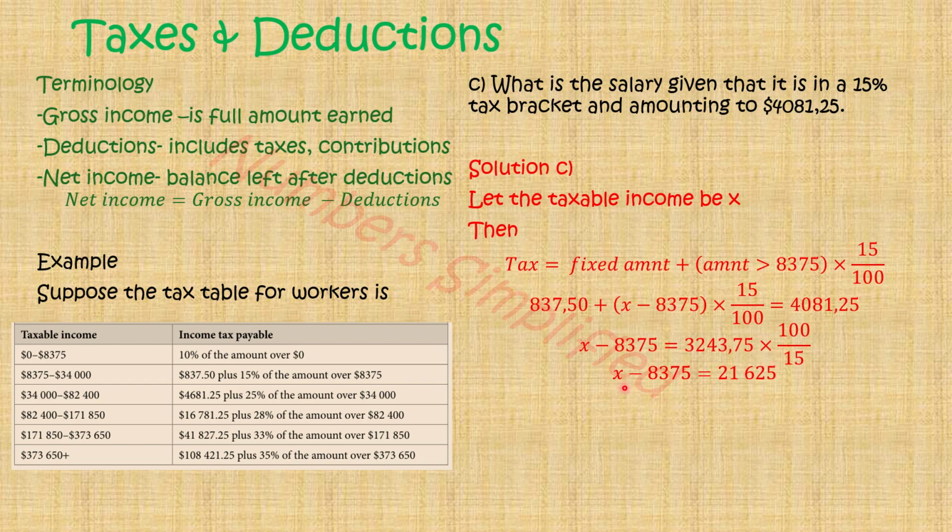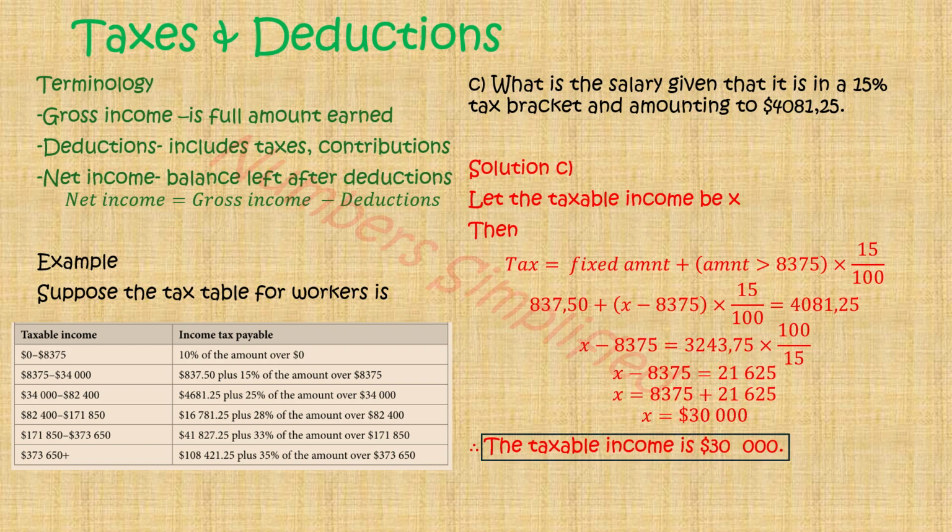After we have multiplied by 100 divided by 15, we get $21,625. And adding the amount that we were subtracting from the taxable income to the right-hand side, we are going to have X becoming 30,000. Therefore, the taxable income is 30,000.